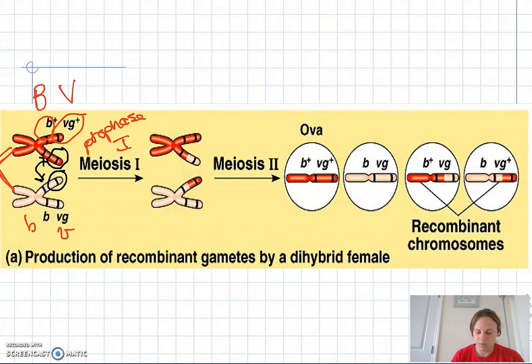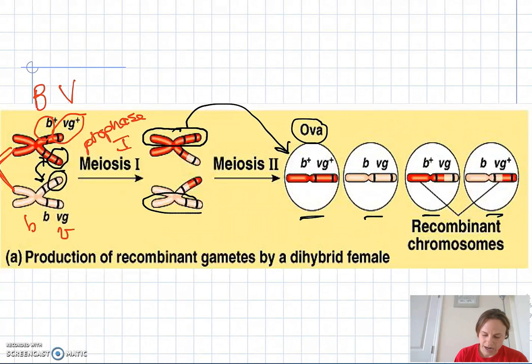So we end up with 4 different potential, in this case, eggs or ova. So here in meiosis 2, when my homologous chromosomes separate, I could have my first potential egg. Then I could get my second potential egg.